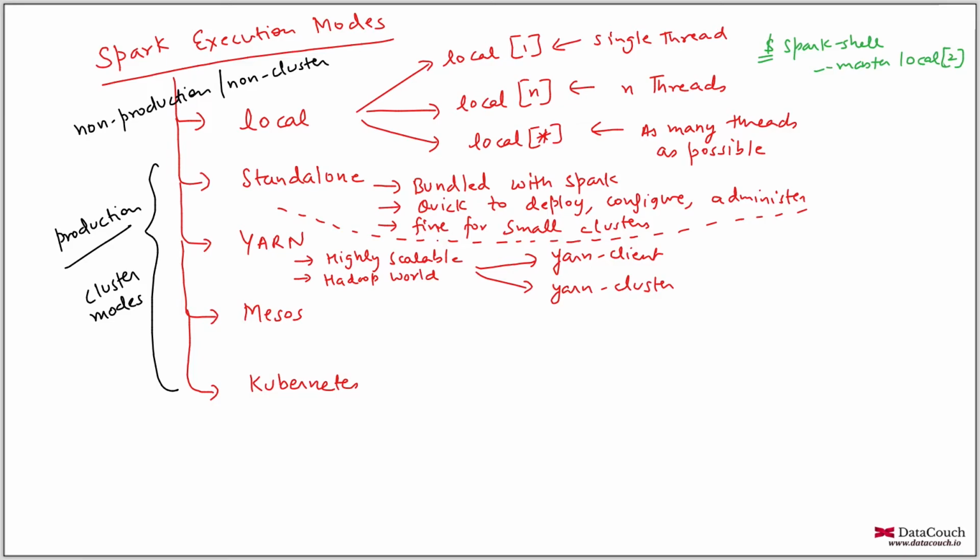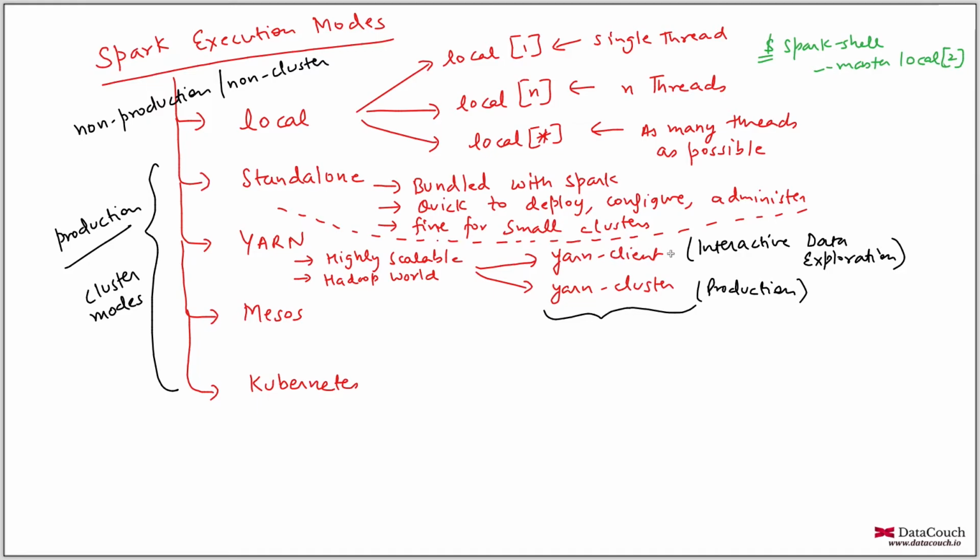So this is good when you are doing interactive data exploration. So yarn cluster mode you will use when you are doing some production work. So when you are doing some production work and you want to ensure that the application which is running is a long running application, so then you will prefer yarn cluster because you will get fault tolerance here.